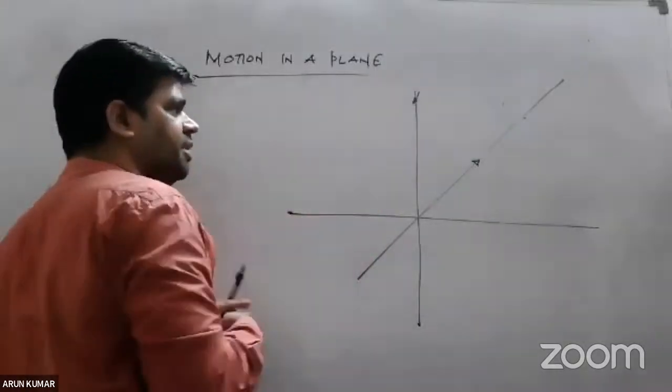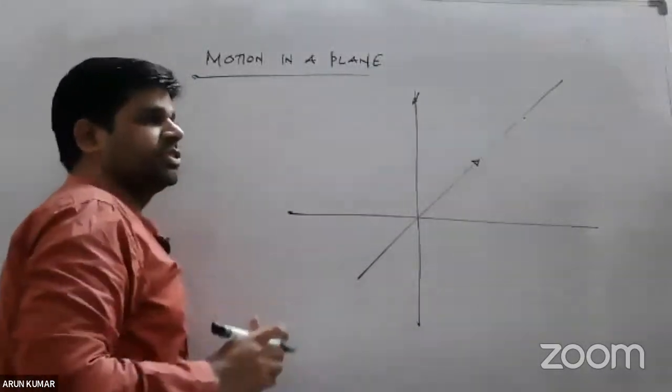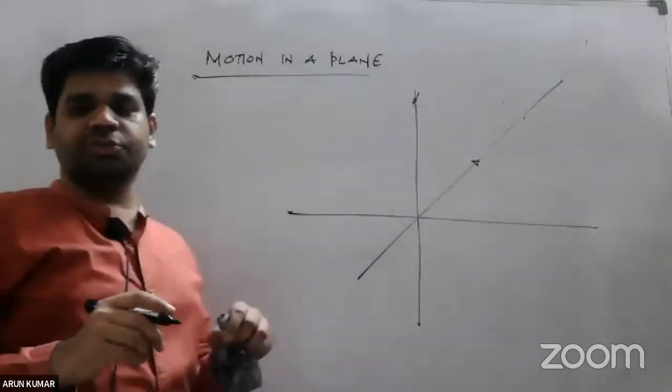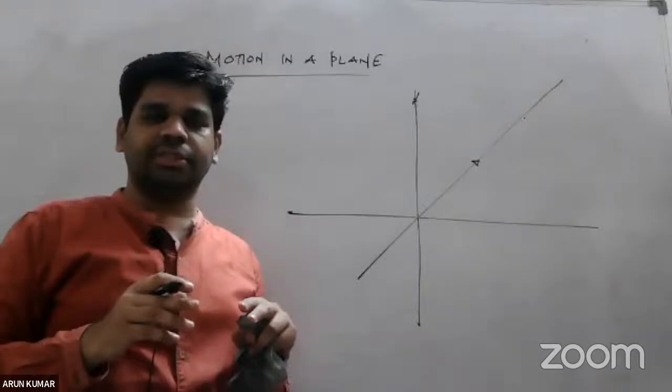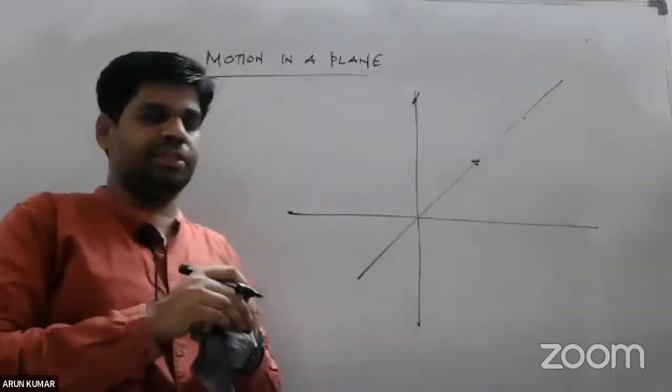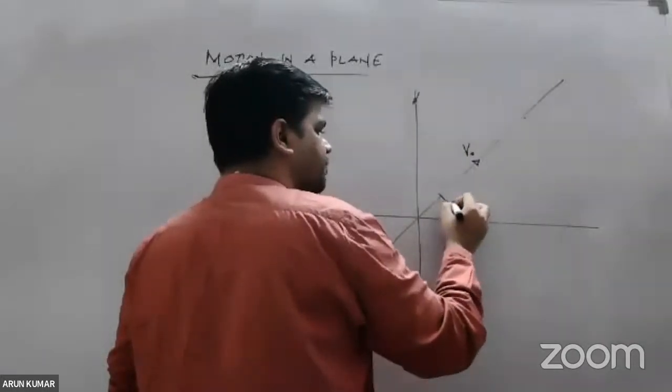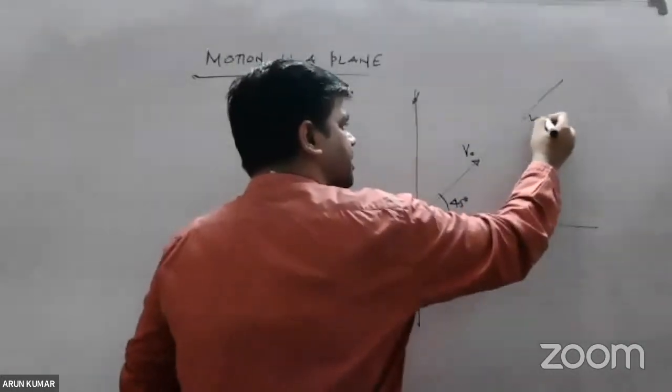So motion along this line can be understood as a superposition. Superposition is a technical term which means I combine these two motions, one over the other. If this is moving with velocity v naught, this angle is 45 because its equation is y is equal to x.